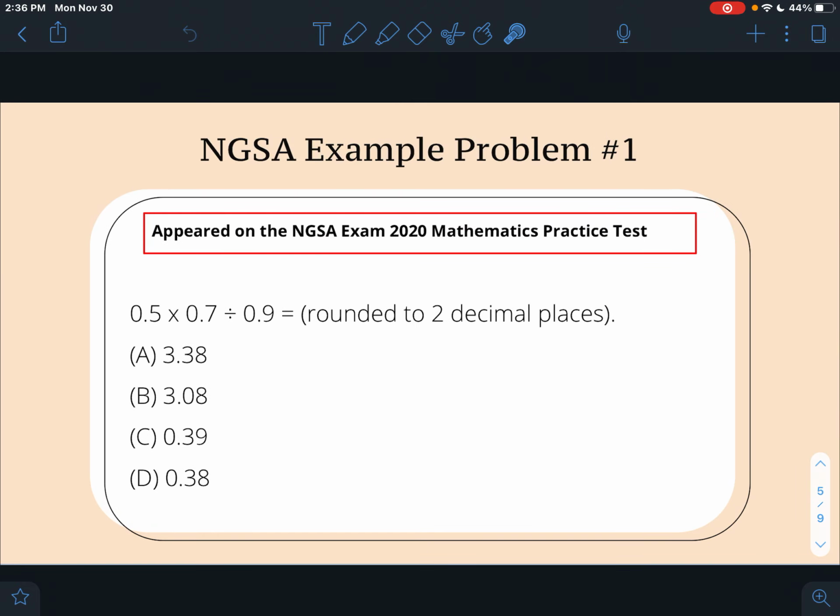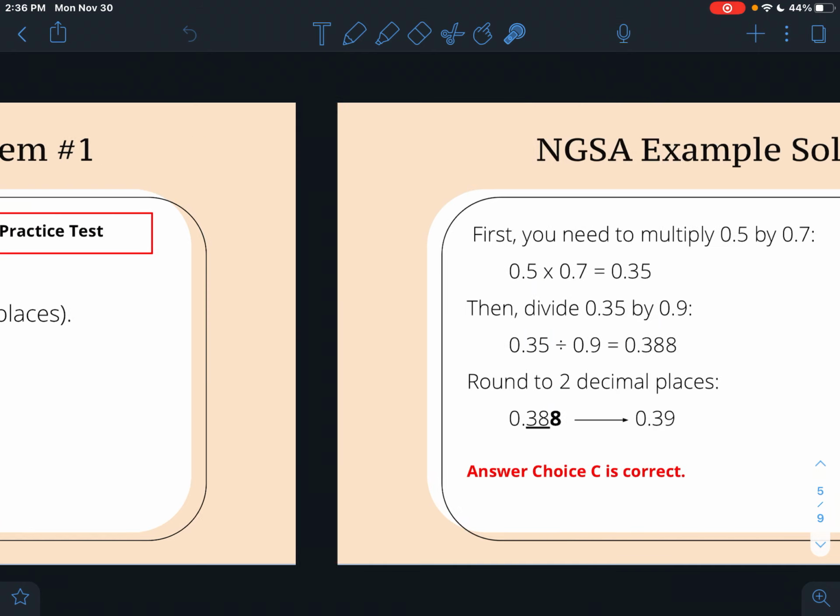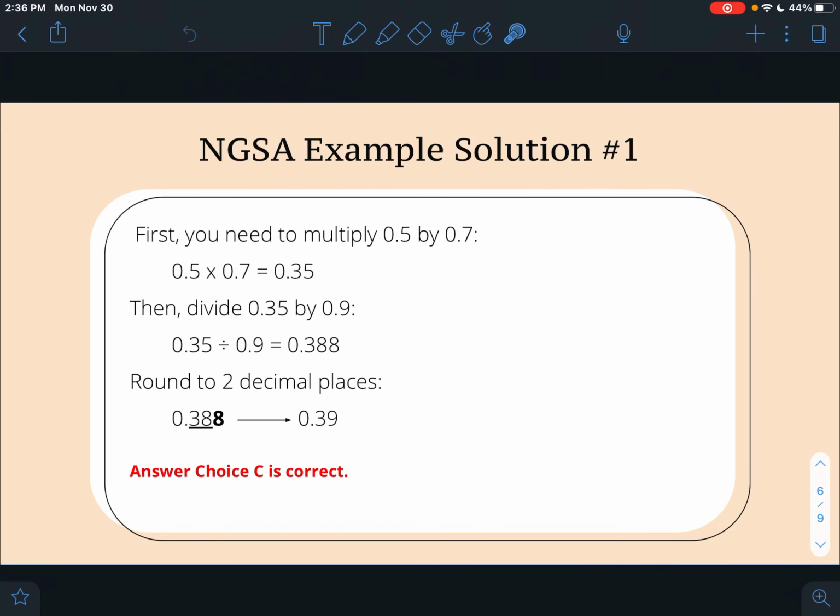Let's look at an NGSA example problem. 0.5 times 0.7 divided by 0.9 equals, and they're asking you to round it to 2 decimal places. This question came from the NGSA exam 2020. Let's look at the solution now.